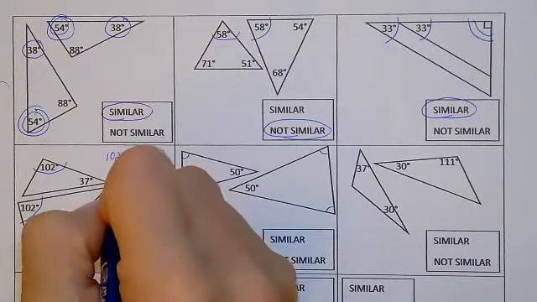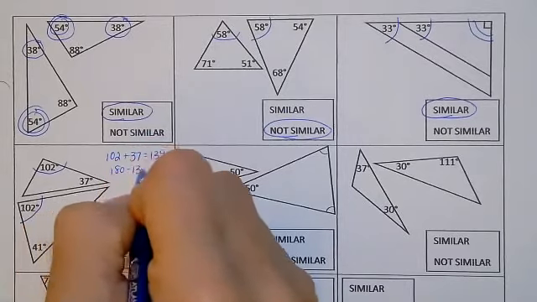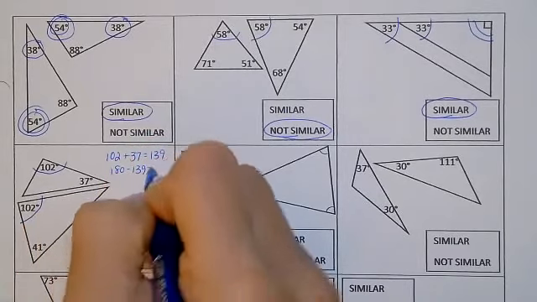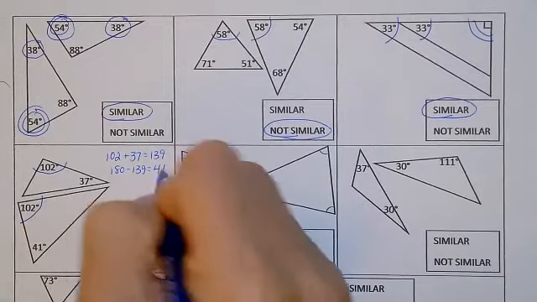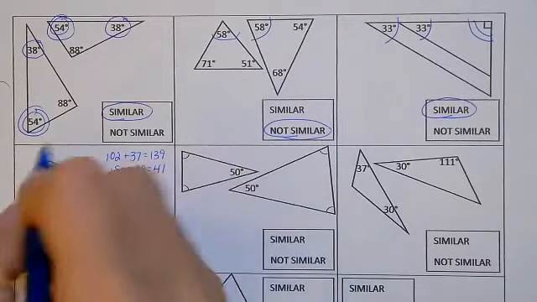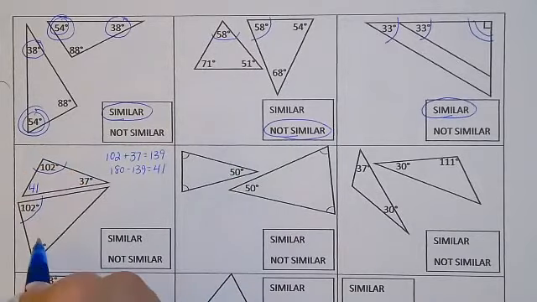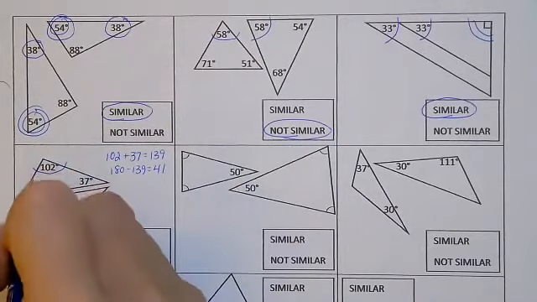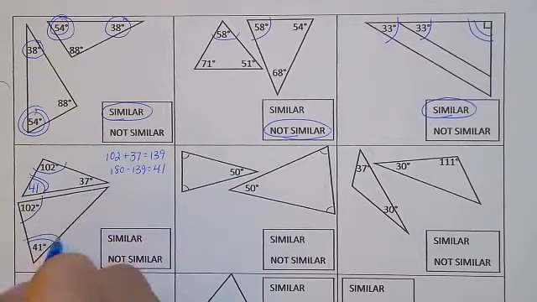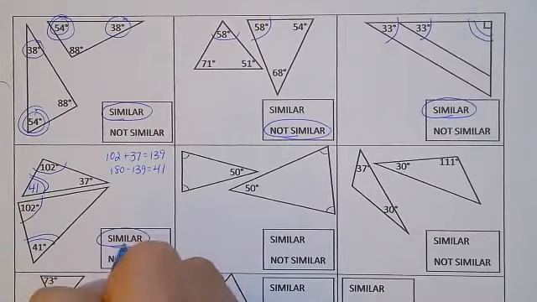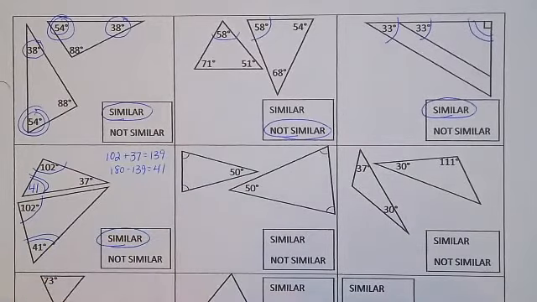And if I subtract 139 from 180, I get 41. So that means that this missing angle is 41 degrees, which matches this angle. So that means these are similar.